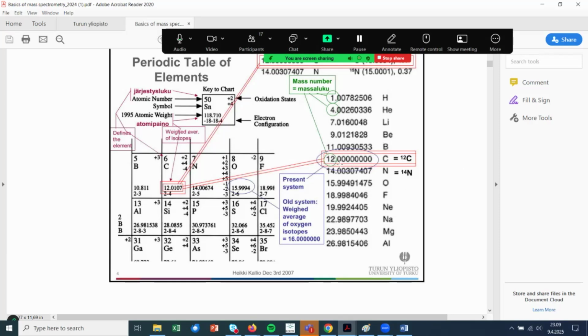And these are also the values that we can read and see in our mass spectrometric results. So you need to forget the periodic table of elements in the sense that you cannot use these numbers in any of your calculations to do with your mass spectrometric results.